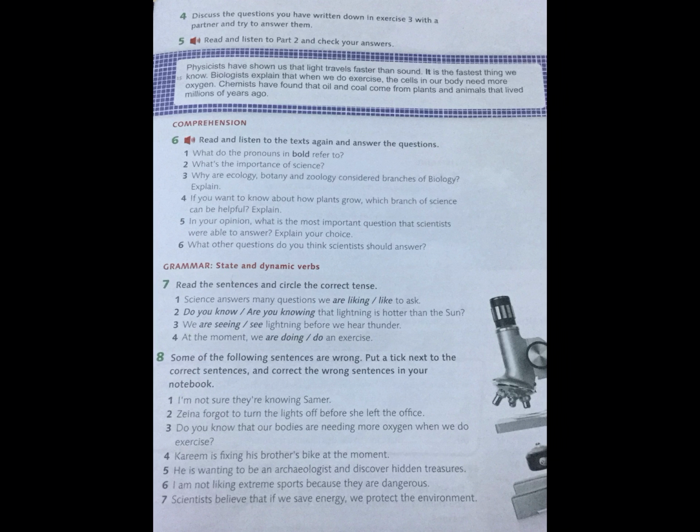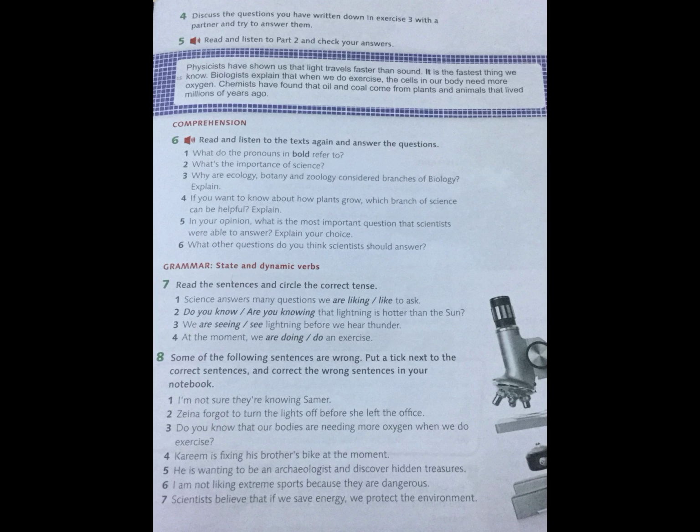The correct answer is, do you know that lightning is hotter than the sun? 3. We are seeing lightning before we hear thunder, or we see lightning before we hear thunder. The correct answer is, we see lightning before we hear thunder. 4. At the moment we are doing an exercise, or at the moment we do an exercise. The correct answer is, at the moment we are doing an exercise.